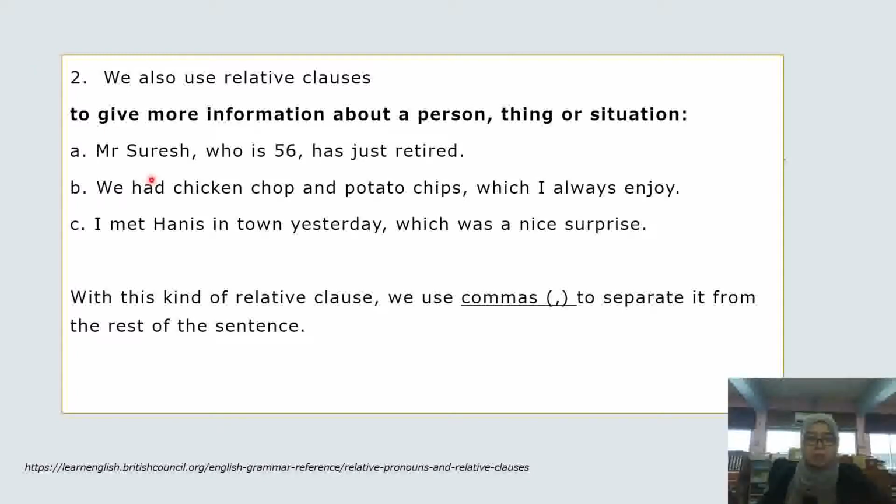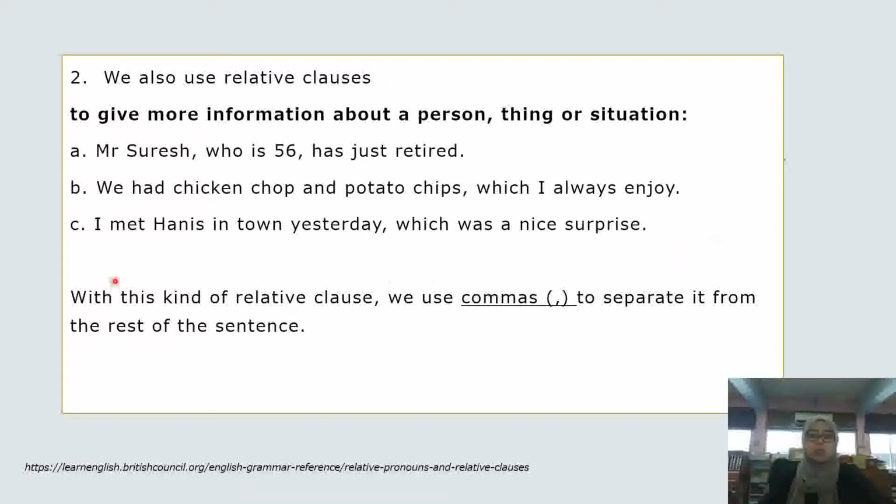We had chicken chop and potato chips, which I always enjoy. Here we are giving more information about having chicken chop and potato chips, and this is the one that you always enjoy.